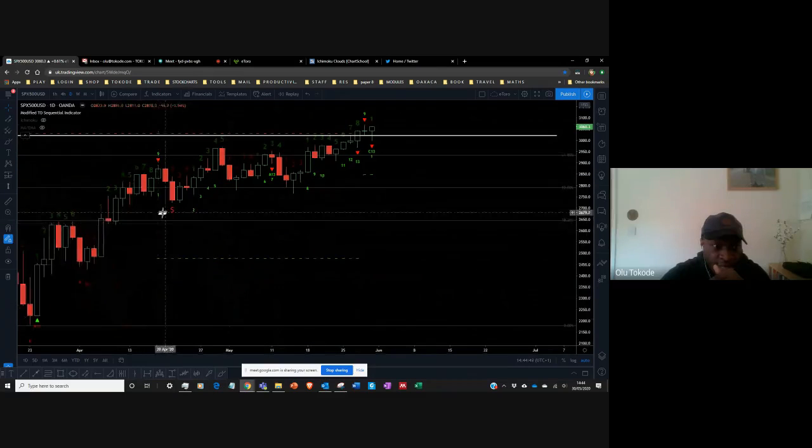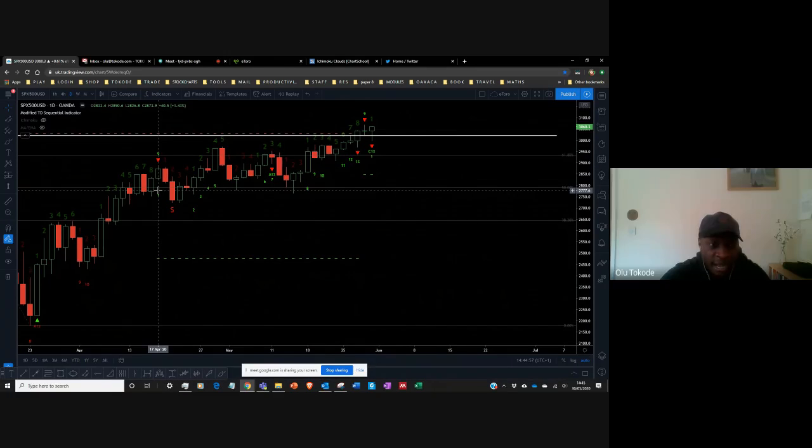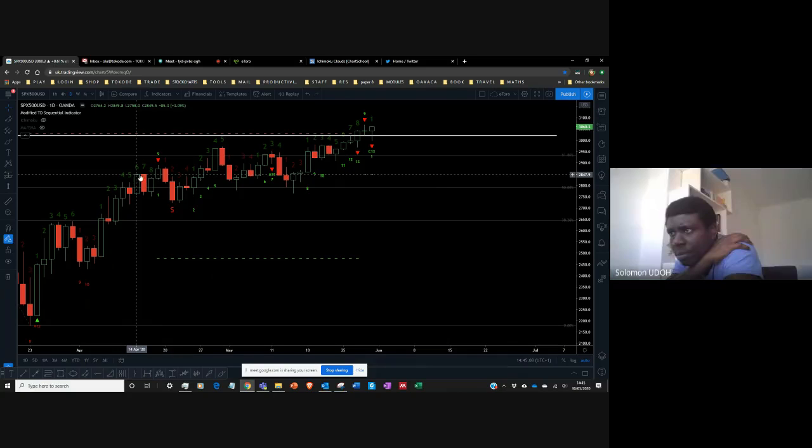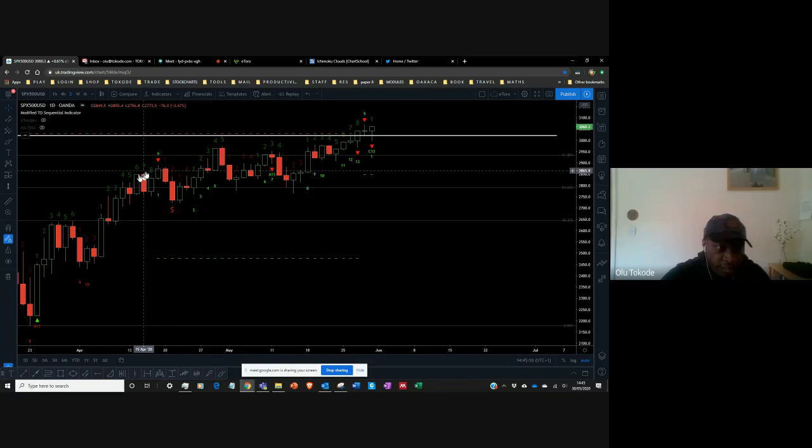You can see it. That 9 is the 1. So this last candle, which is 9, becomes the starting candle for the countdown if this 9 closes above the high of candle 7 or 6. And we have that close there. So we begin to count down from candle 9.